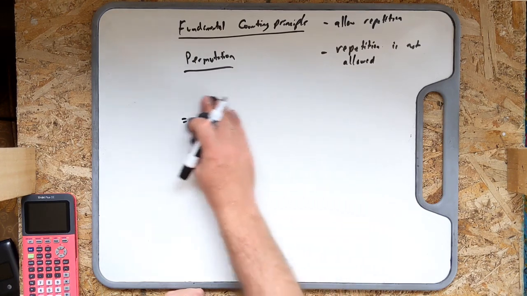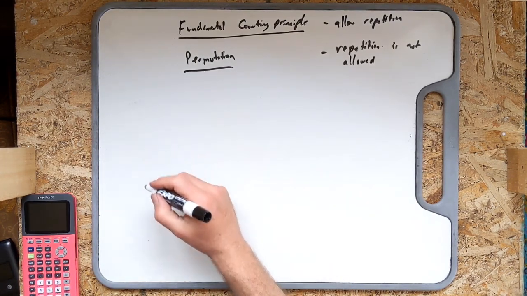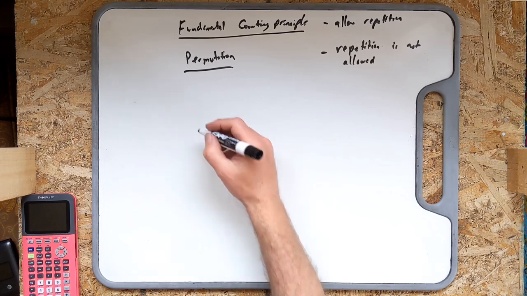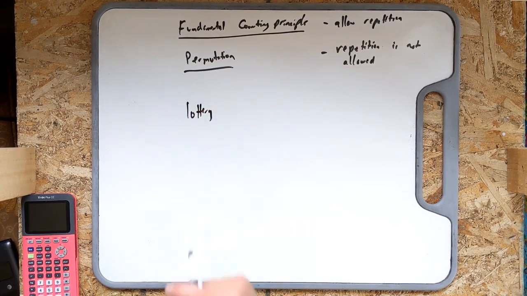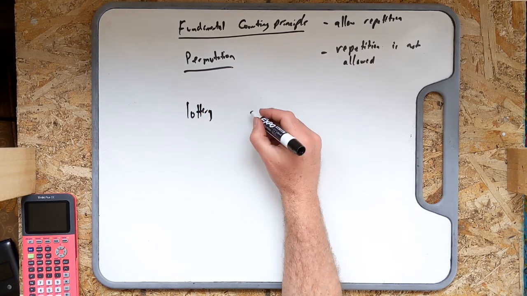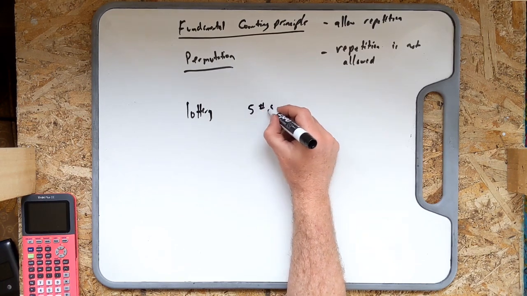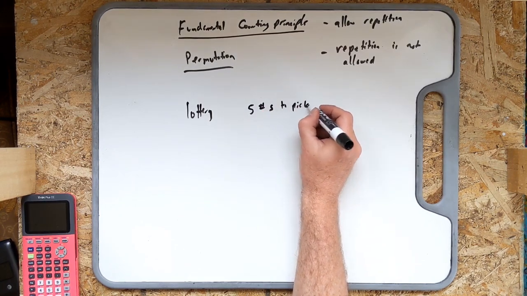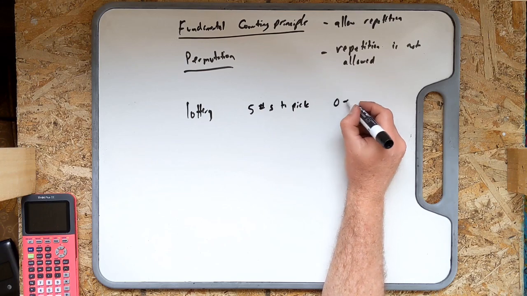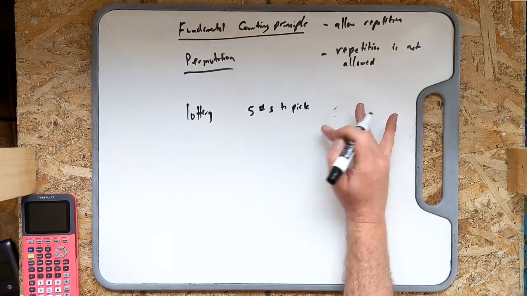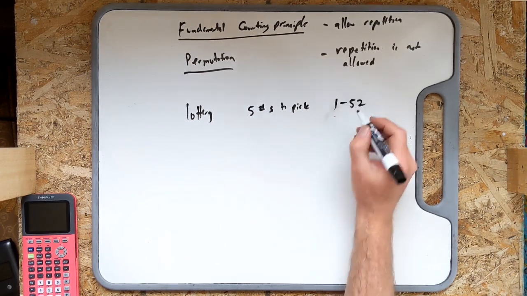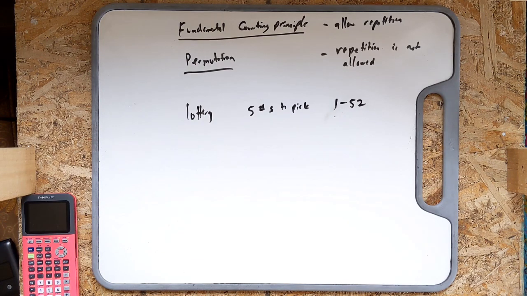So let me give you another example of repetition not allowed. You are playing the lottery, and you have 5 numbers to pick. They can be between, say, 1 and 52, which is 52 total numbers.